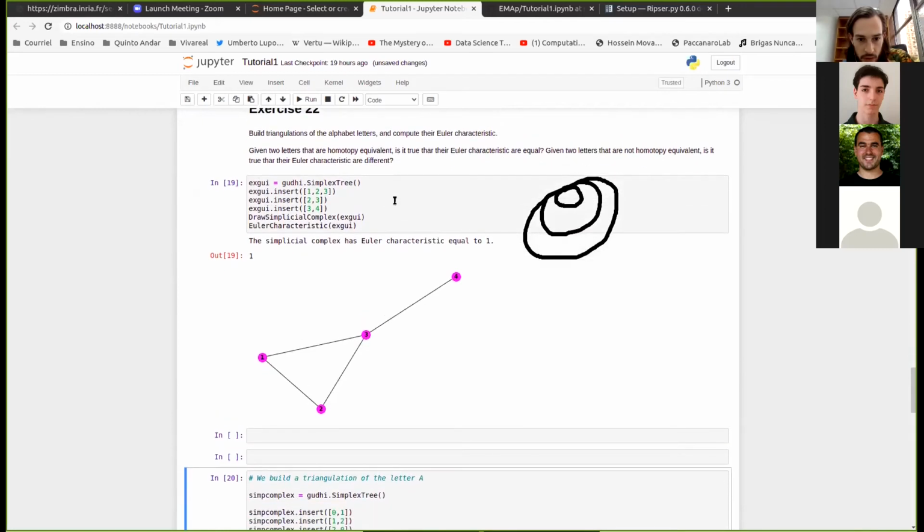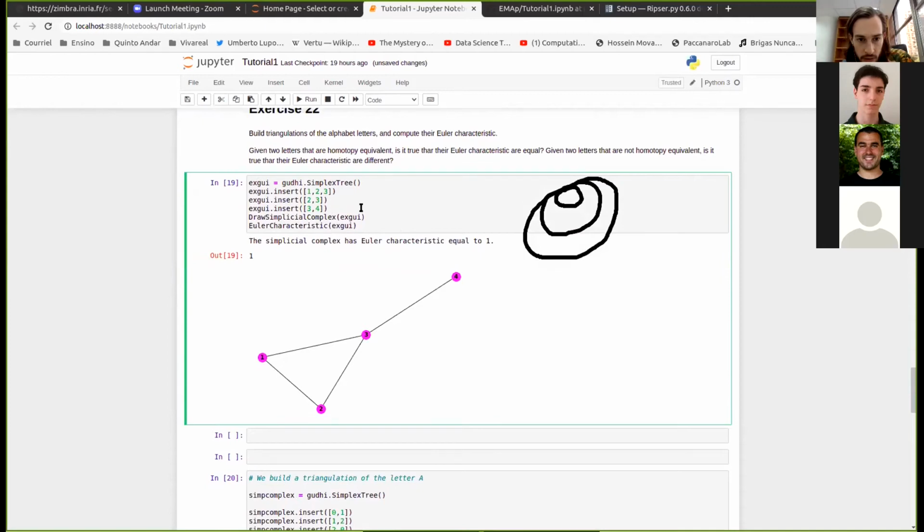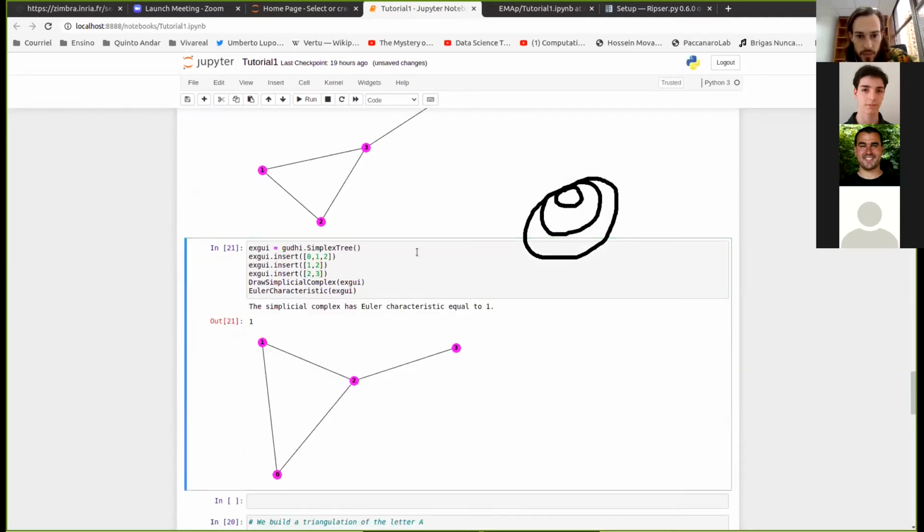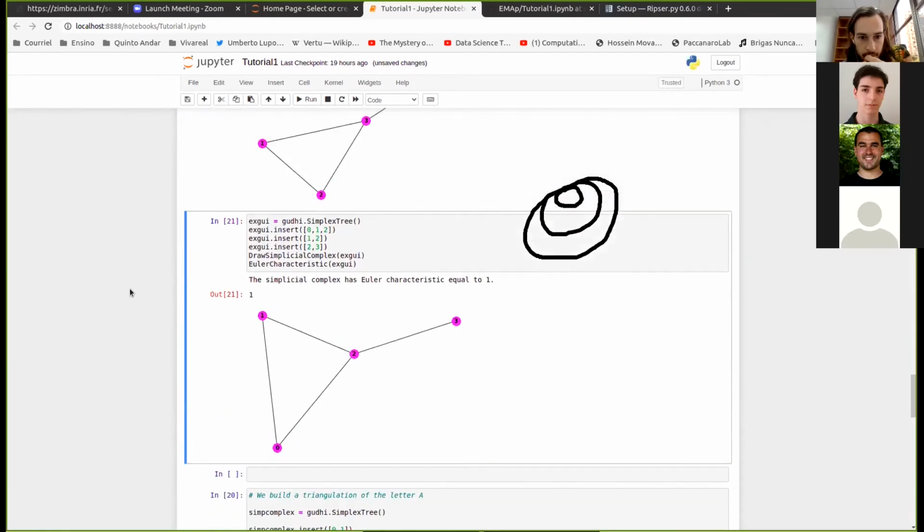See? 1, 3, 2, 4. It shouldn't make a difference, right?